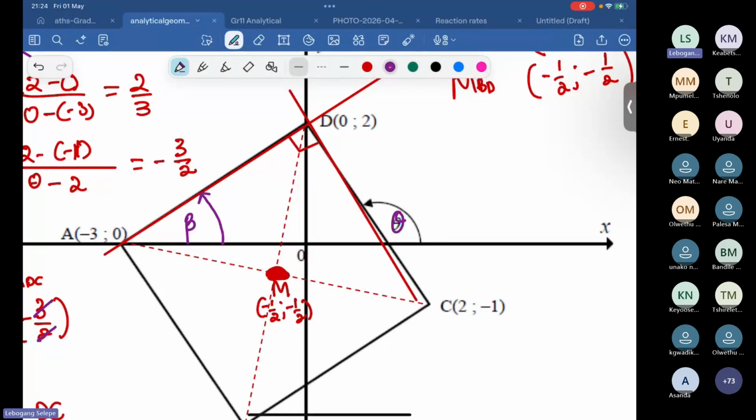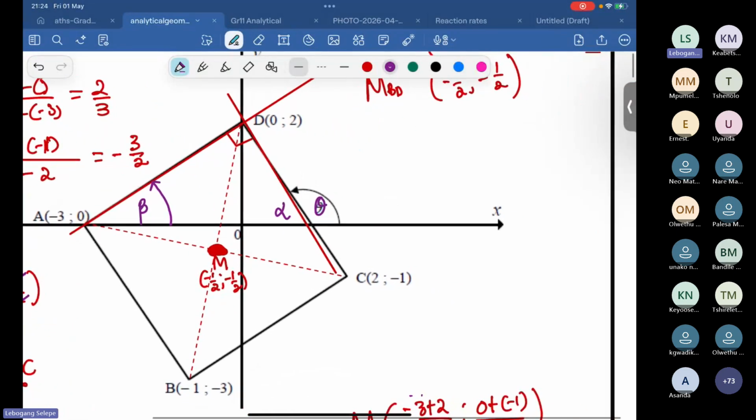Can you see that? I'm going to repeat this. Can you see that if I can find the size of theta and the size of beta, I can use some angles of a triangle to calculate ADC? Let's call this angle alpha, like that. So I can use that method. Let's see if it works.